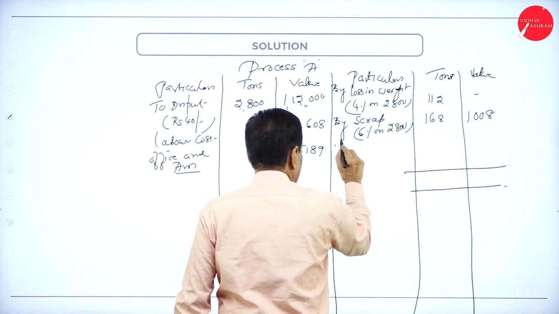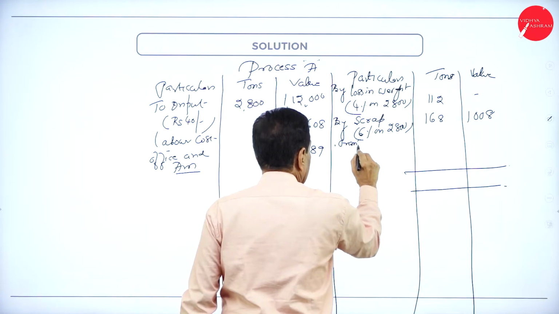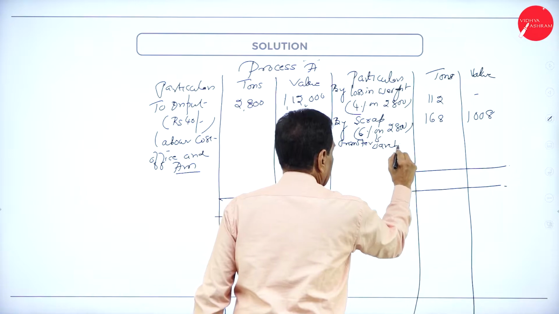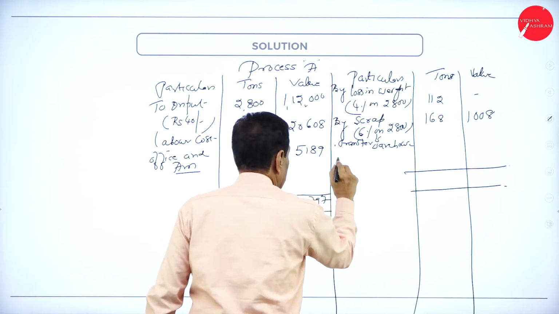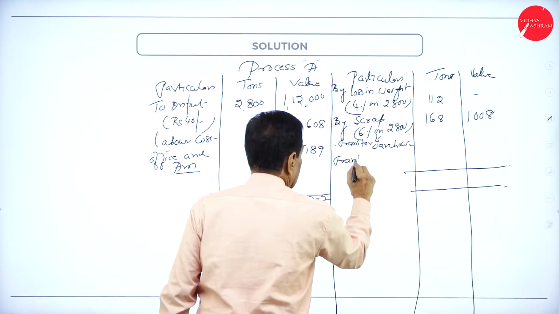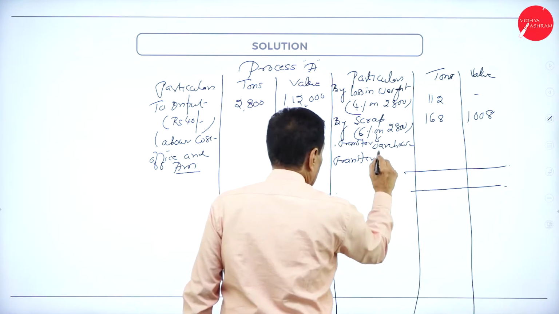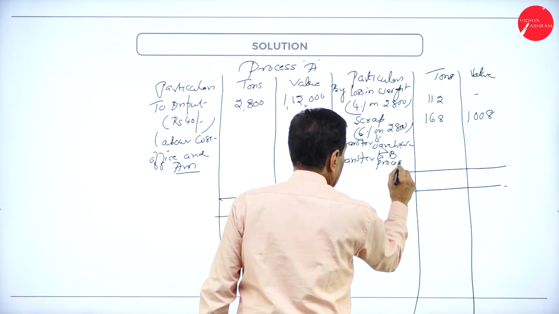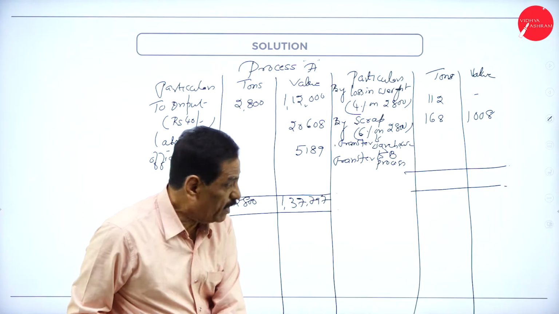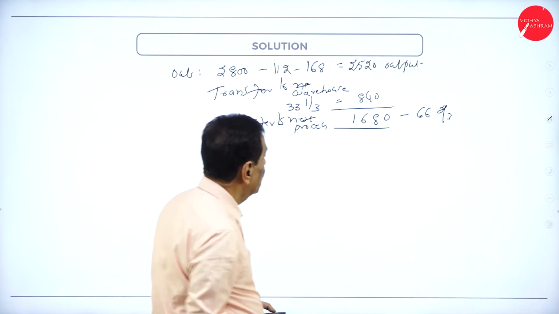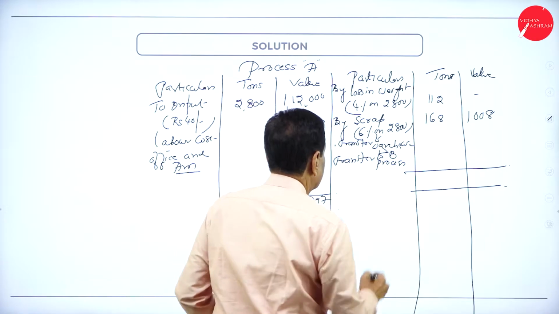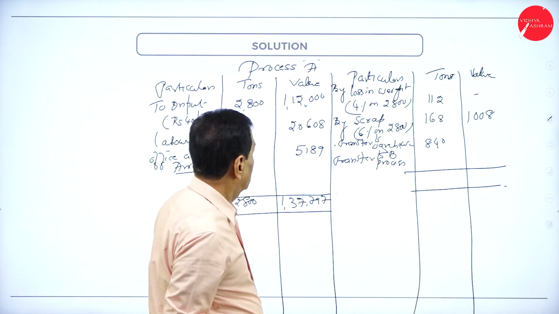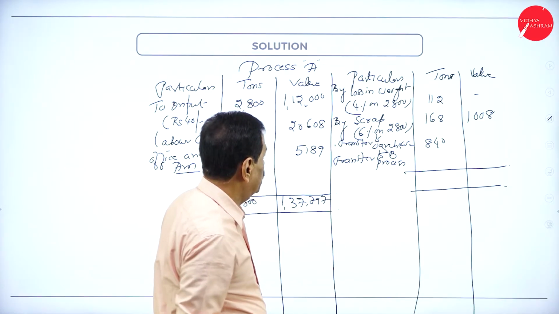Transfer to the warehouse, 840; transfer to B process, 1,680.